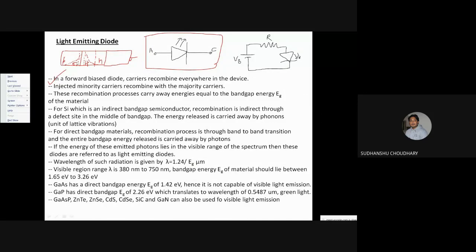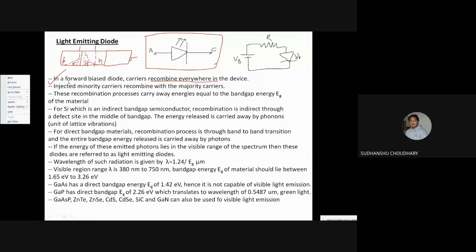So these minority carriers diffuse and recombine everywhere in the device, not just in the p region and n region, but also in the depletion region. We have already commented that in the depletion region no carrier can exist, but of course some minority carriers will drift into this region, and while drifting from the p-type to the n-type region, they can recombine there also.